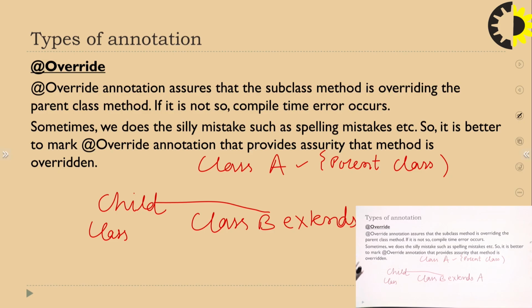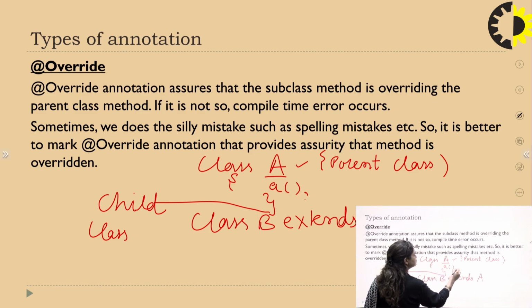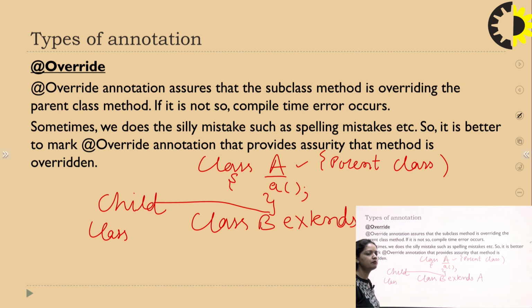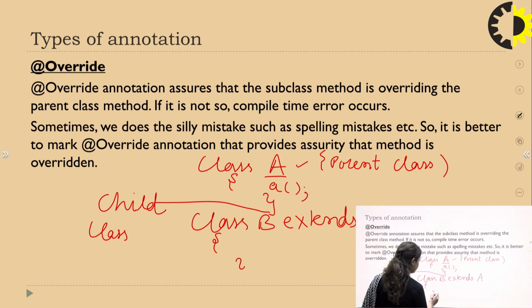So @override is ensuring that whenever method overriding occurs in a program. How is method overriding possible? Suppose I have some method declared in the body of class A, which is a parent class, named a, and the same method I create in our child class. I'm just making a prototype of it, not a complete program.